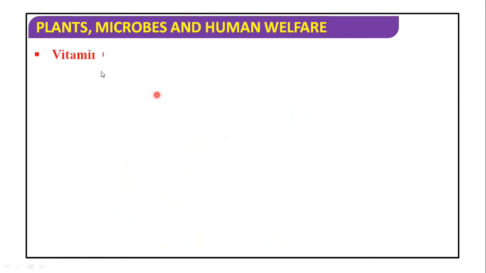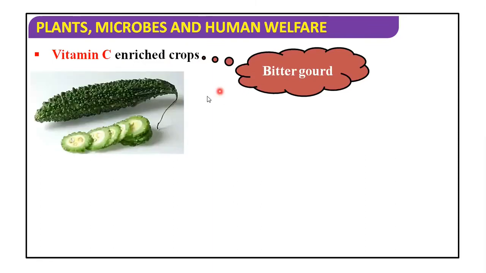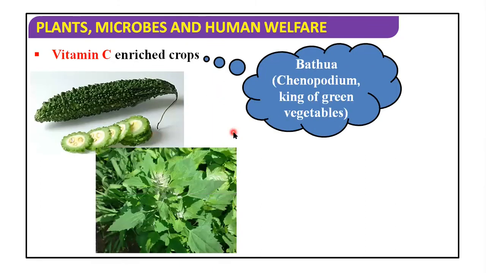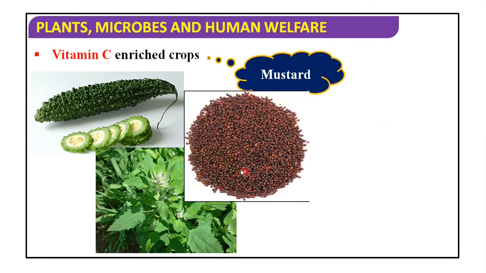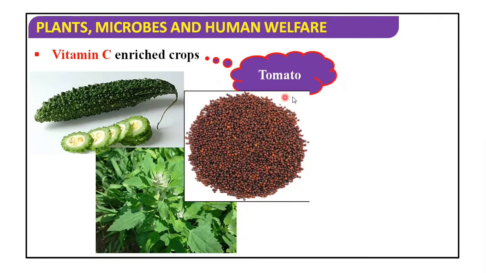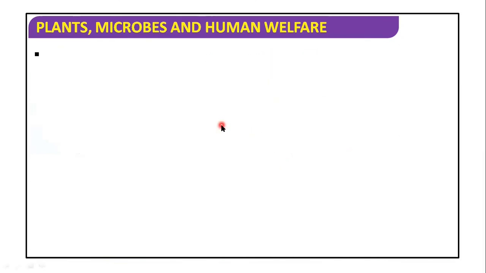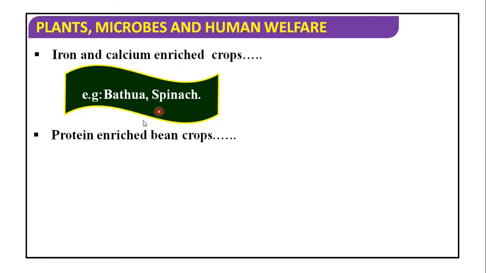Now vitamin C enriched crops are bitter gourd, then bathua, the chenopodium, the king of green vegetables, then mustard, vitamin C is included in the mustard, then tomato also, tomato can give us vitamin C. Then iron and calcium enriched crops are which? That is bathua, spinach. They include iron and calcium.